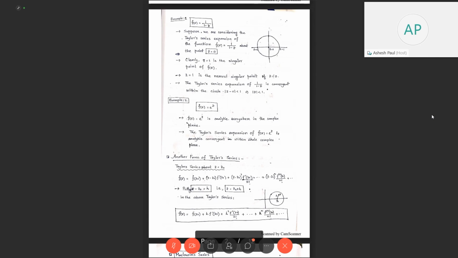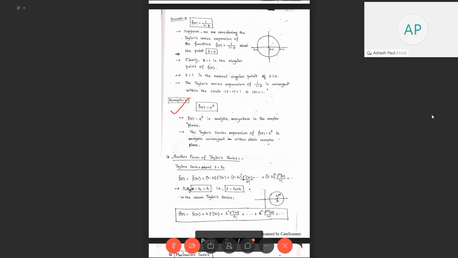Now see example 2. Here f(z) is given by e^z. e^z is the exponential function, and we know that the exponential function is analytic everywhere in the complex plane. Therefore, the Taylor series expansion of f(z) = e^z is convergent within the whole complex plane.